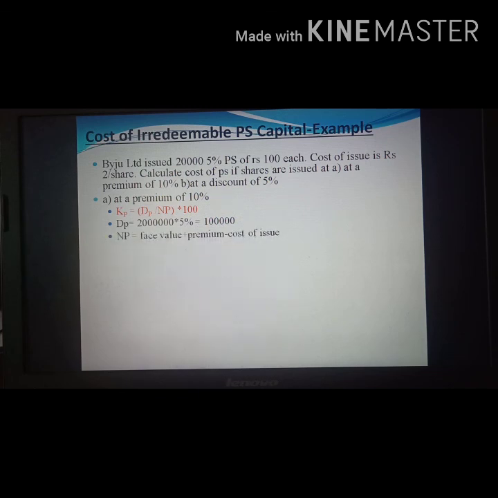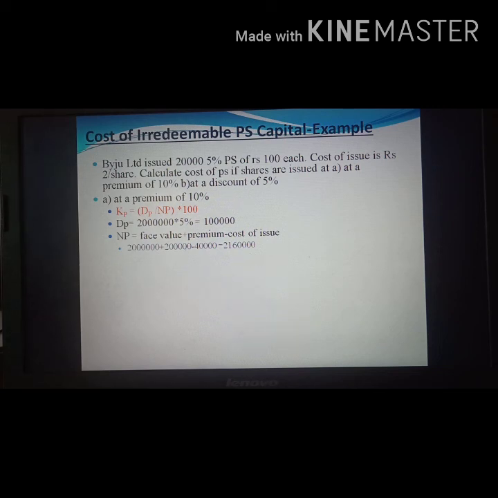Okay. Then we want to calculate the net proceeds value. That is face value plus premium minus cost of issue. Here the face value is 20 lakh, but we can't take the 20 lakh itself because it is issued at a premium of 10%.